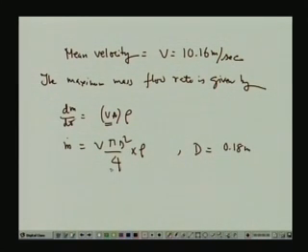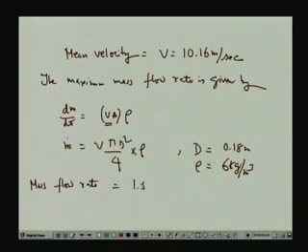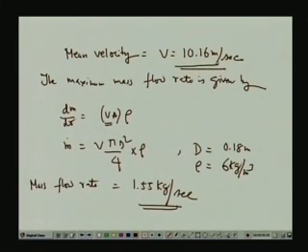If I put everything there, because rho is given by 6 kg per meter cube, the density of the fluid, I will get the mass flow rate equal to 1.55 kg per second. This is one answer, this is another answer.